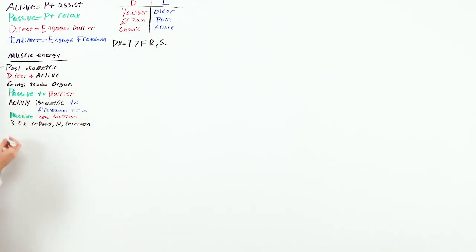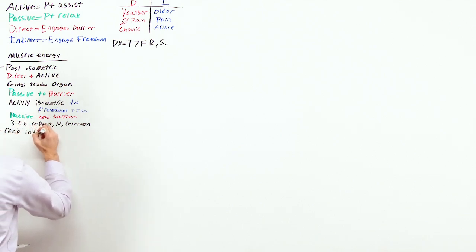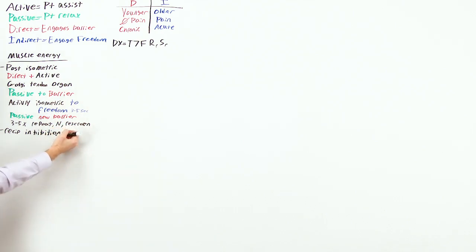So I said muscle energy comes in 2 flavors. You have post-isometric and reciprocal inhibition. This treatment style is going to be direct or indirect.